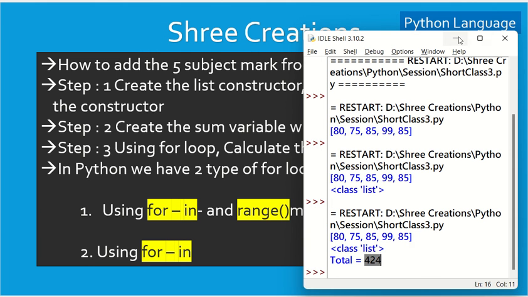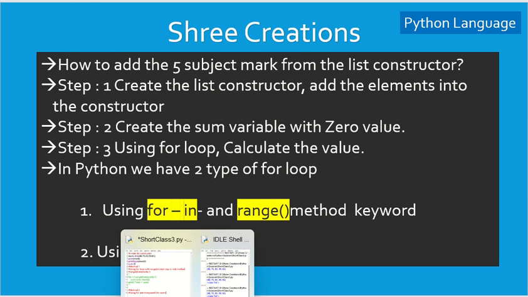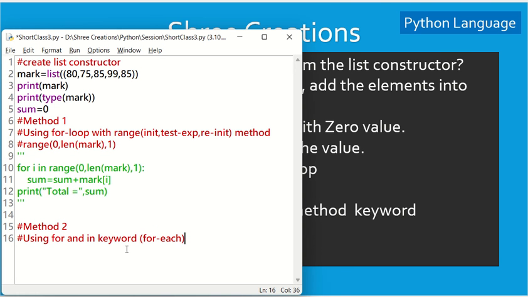The first type is completed, and now I am going to use the for and in keyword. Using the for and in keyword, we will see how to iterate the values and how to calculate. For m, where m is a variable. Now I'm going to collect the marks, right?